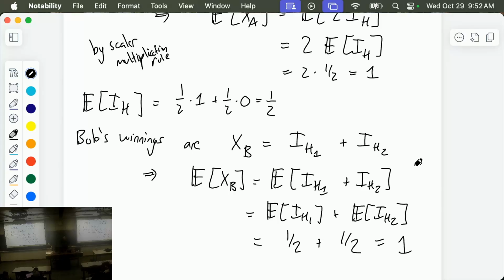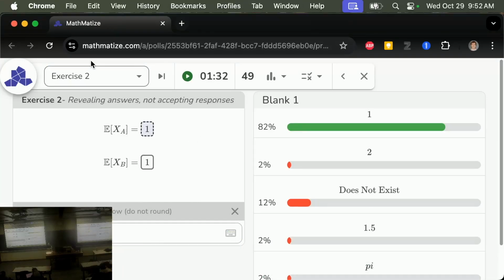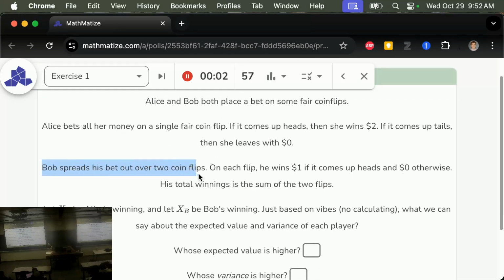What does plus mean? Well, okay. This description of adding them together is exactly what was given to you in the mathematized problem. Our original problem said Bob spreads his bet out over 2 coin flips.